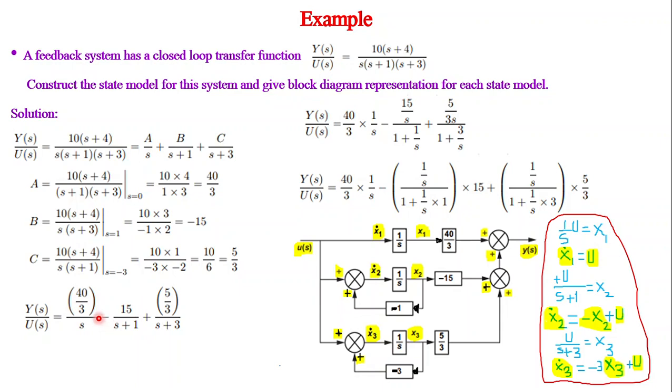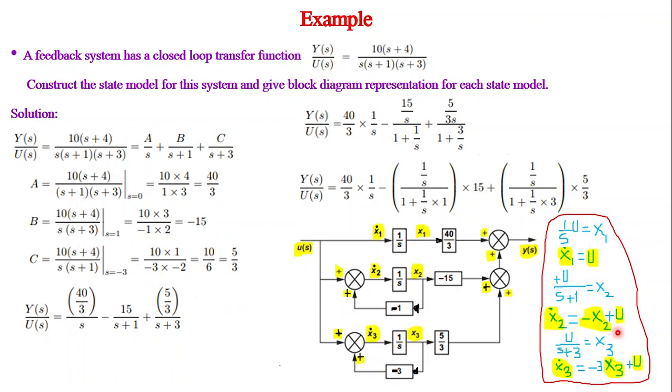Here this minus 15 also combined, so minus 15 will come. Here this 5 by 3 also will come. In that case, x1 dot will be 40 by 3 into u. So x2 dot is minus x2 plus minus 15u. Similarly, x3 dot is minus 3x3 plus 5 by 3 u.